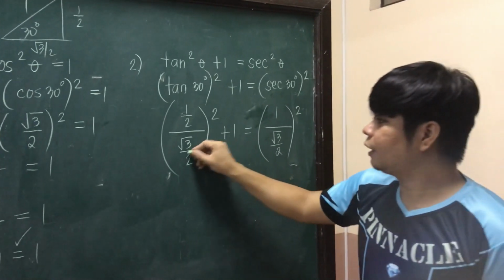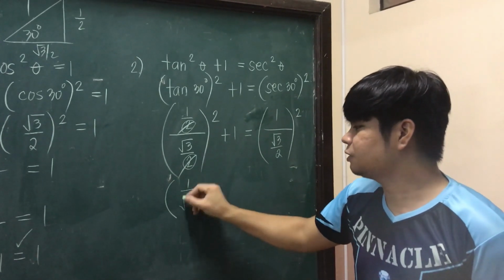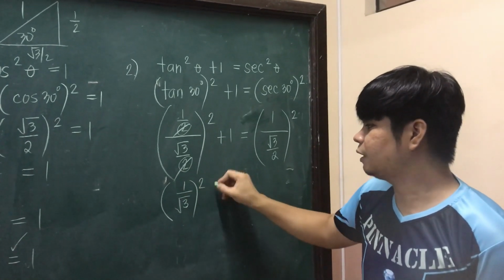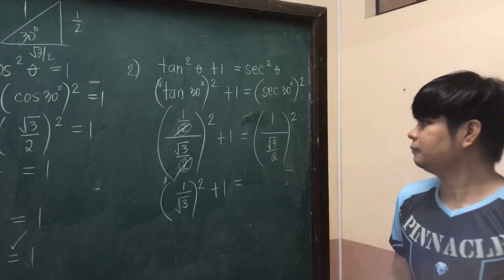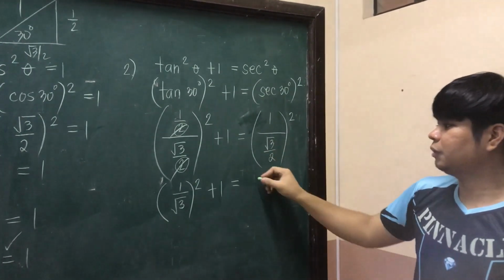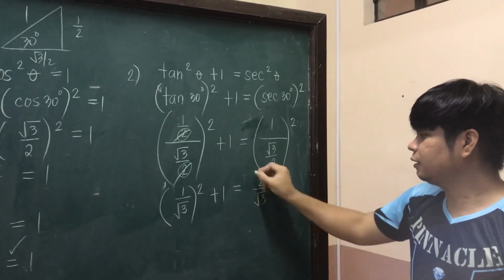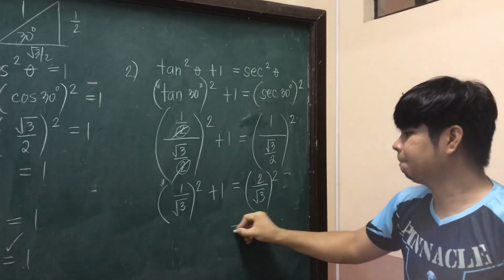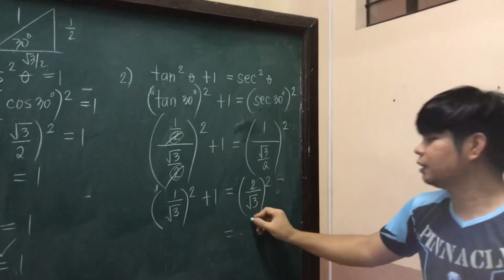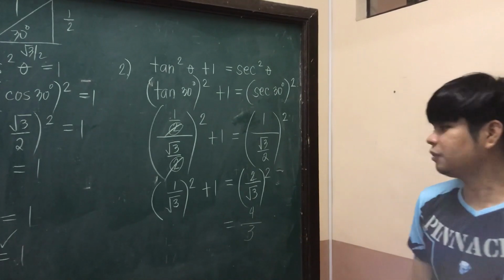Here we can cancel out 2 and 2, and what is left? We have 1 over square root of 3, we square that, plus 1. The reciprocal of square root of 3 over 2 is equal to 2 over square root of 3, so we square that. 2 squared is 4, the square of the square root of 3 is 3.